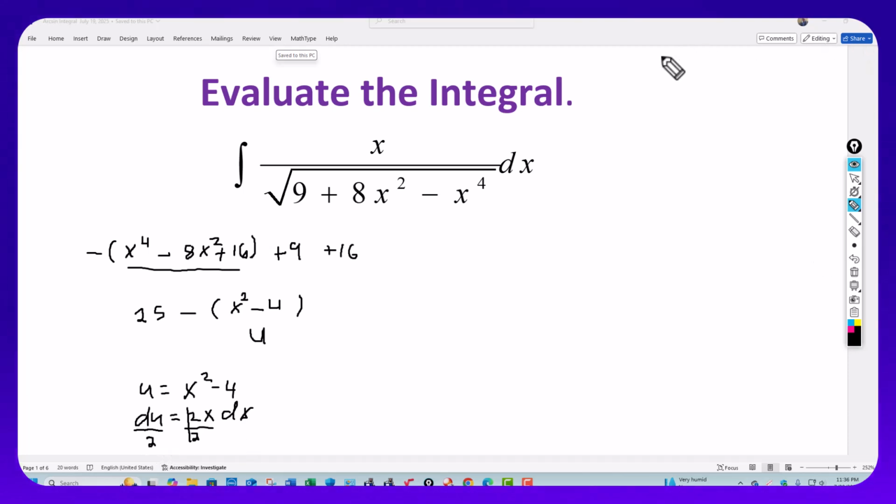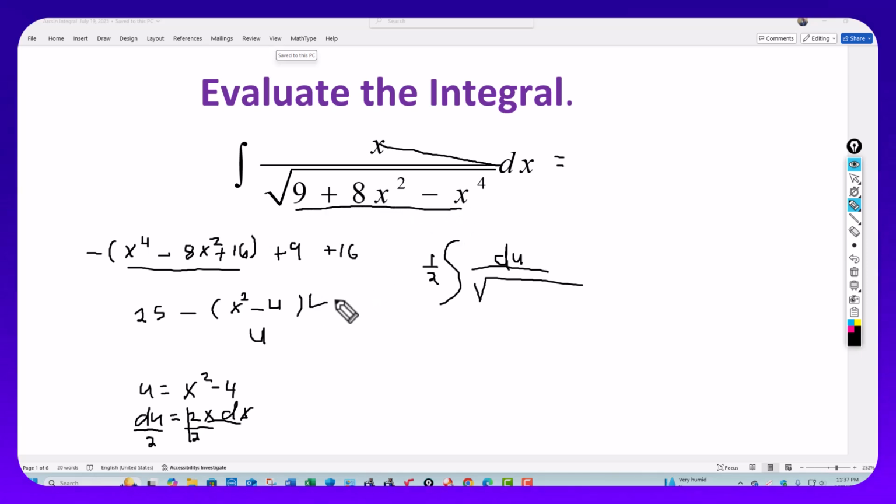So now let's see what we can do with this integral. The x dx in the numerator will be replaced by du over 2. So it'll be du, and I put the 1/2 out in front, like that. And now, let's rewrite the radicand this way.